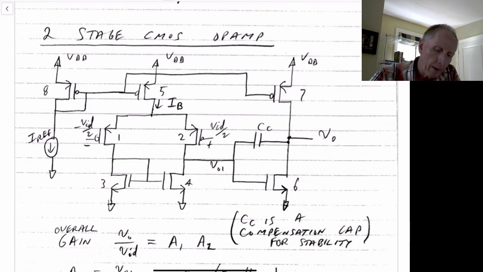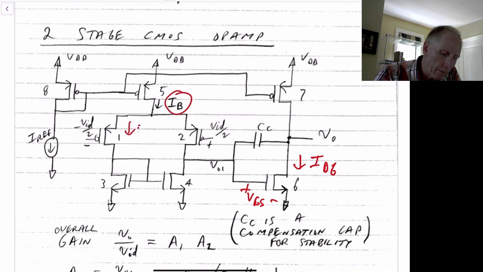But the gate to source voltage here, if the current IB at the top here is split equally, IB over 2 and IB over 2 through M1 and M2, then the drain current of M4 will equal the drain current of M3.